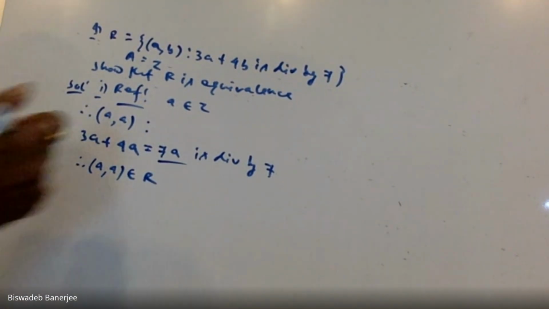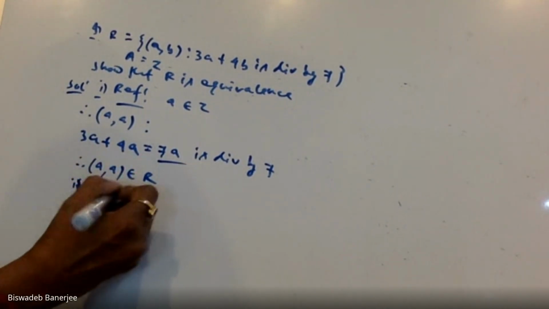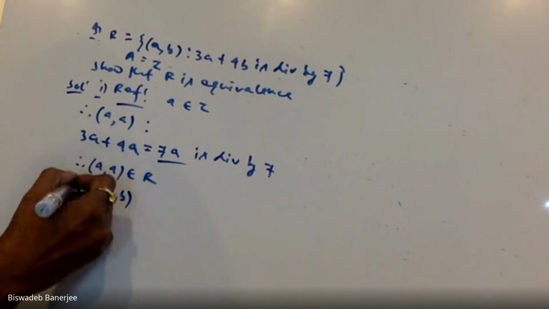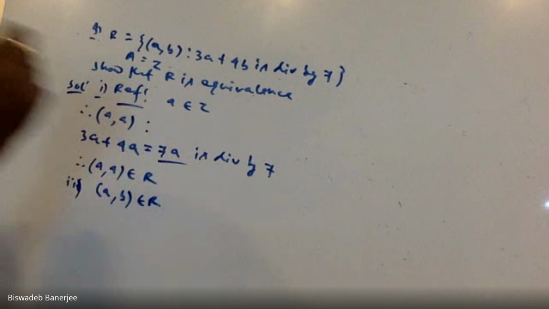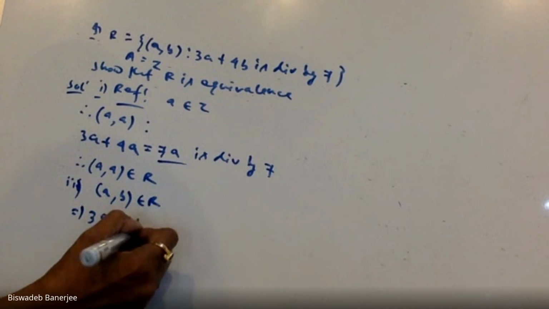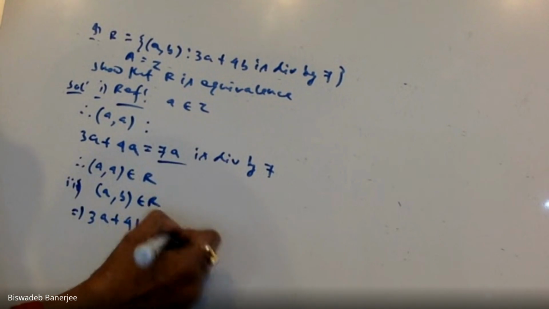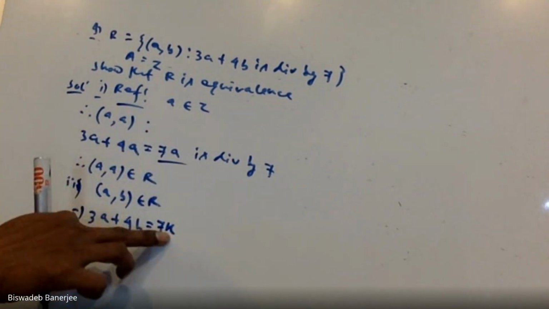Now for the symmetric property, it is quite difficult. For this, let us take two elements (a, b) belonging to R. That means 3a plus 4b is divisible by 7, and divisible by 7 means it is a multiple of 7, so 3a plus 4b equals 7k. Always write that k is an integer.